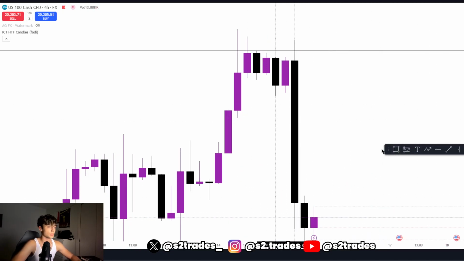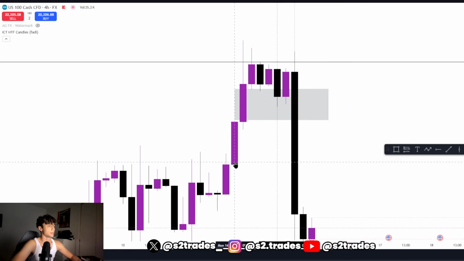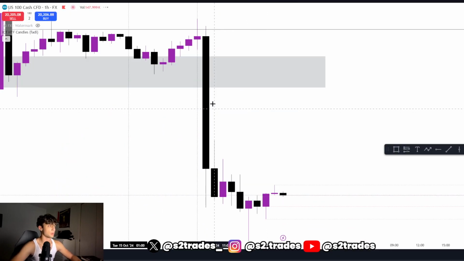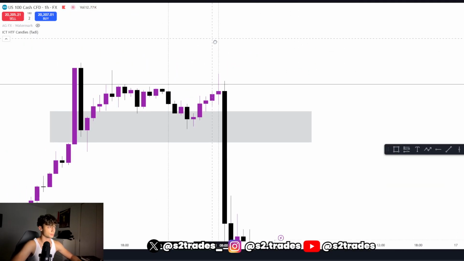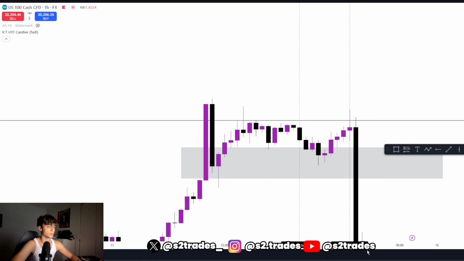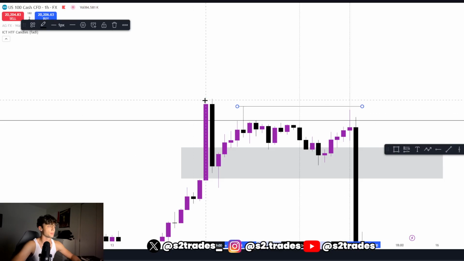So one thing I noticed is we were within the 4 hour fair value gap, and if we hopped onto the 1 hour, other than this order block, we had this buy side liquidity, right?